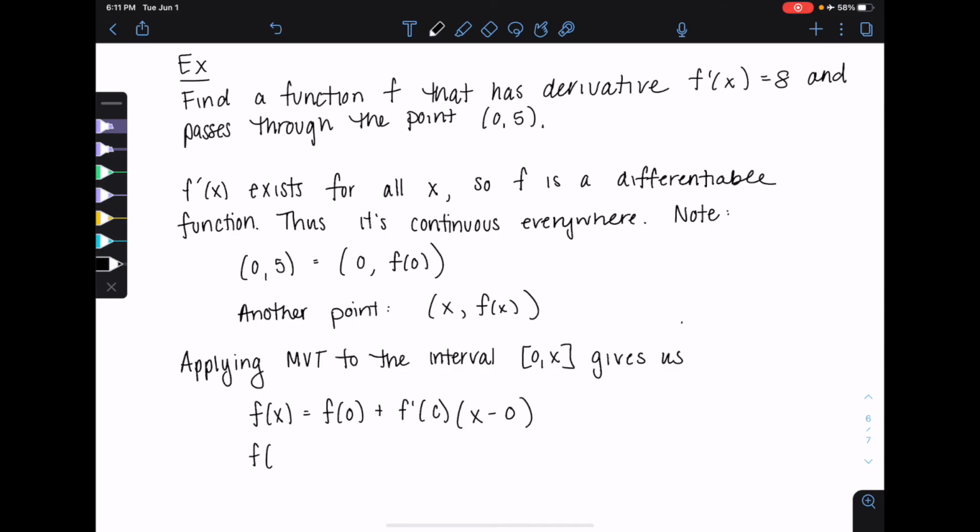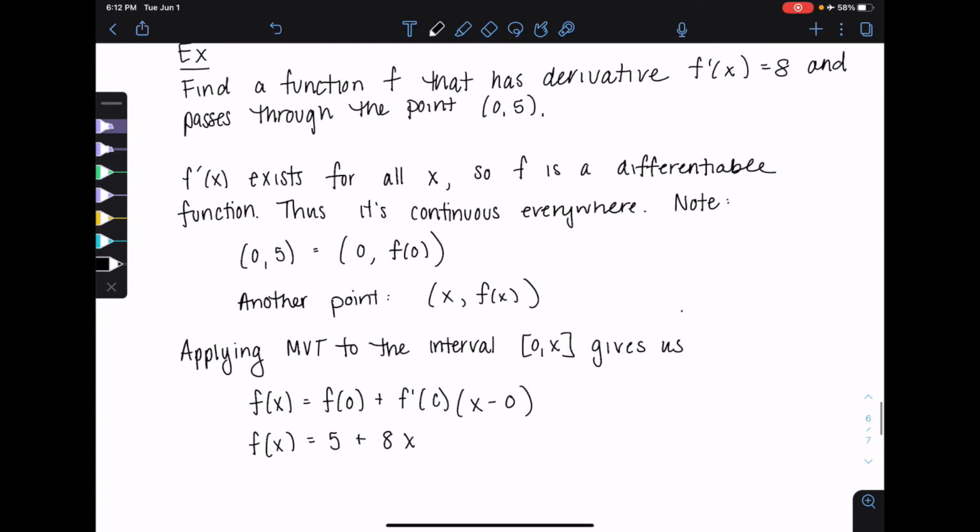Well, f of 0 is 5. My derivative is always equal to 8. And x minus 0 is just x. So immediately, my function that passes through the point 0, 5 and has derivative 8 is 8x plus 5.